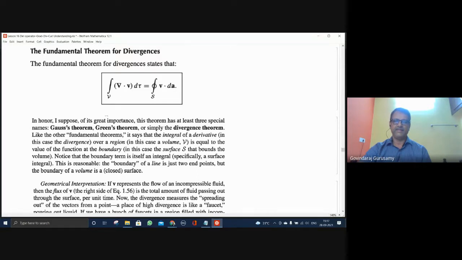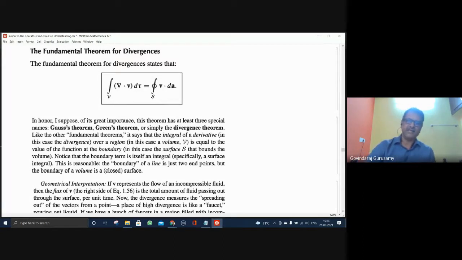In the previous case, line integral connected to the endpoints. All the wording is the same, only replace it: the integral of a derivative, in this case divergence, over a region, in this case volume, is equal to the value of the function at the boundary, in this case the surface that bounds the volume. That's all.